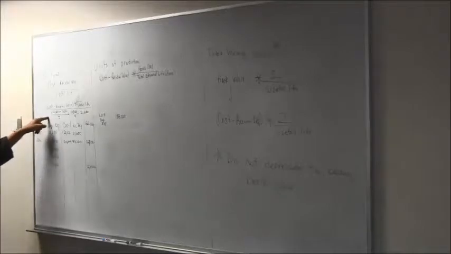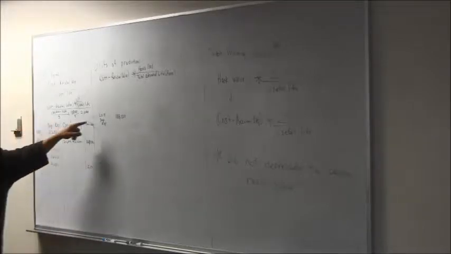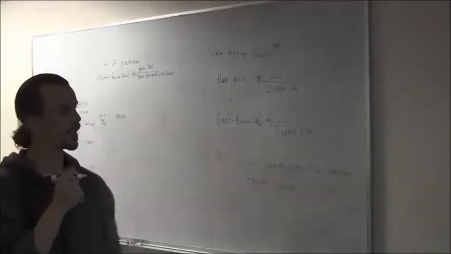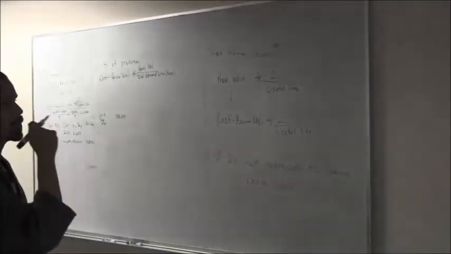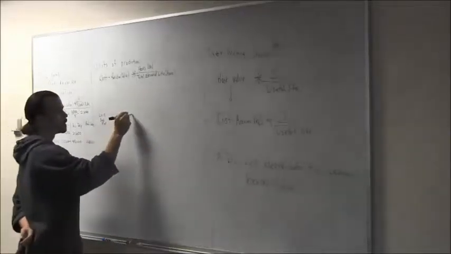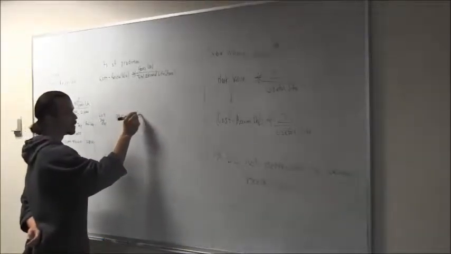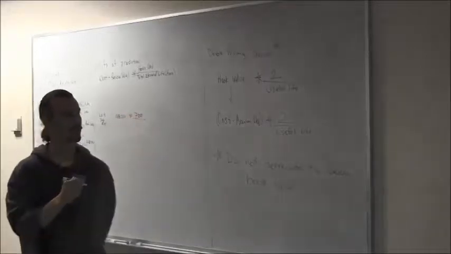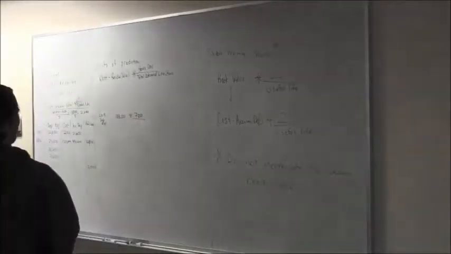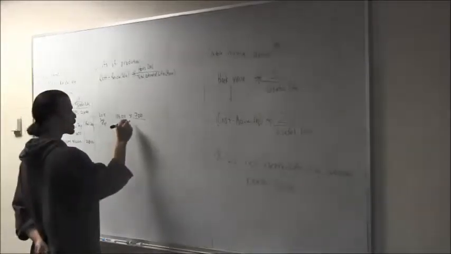I'm not going to waste my time and do it again. So I have 108,000 times the hours used divided by the total hours. The hours used in 2015 is 700, with an estimated total life of 10,000 working hours.